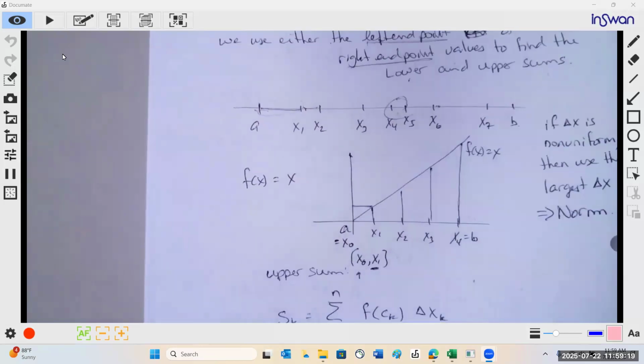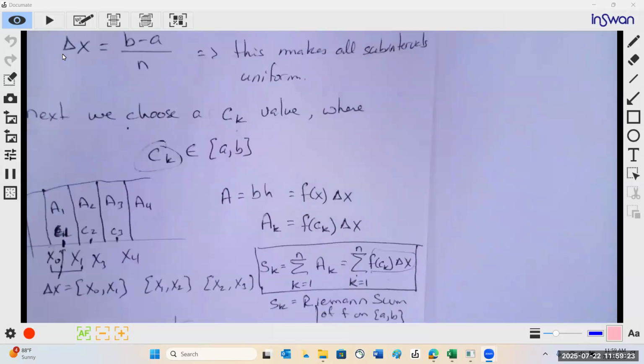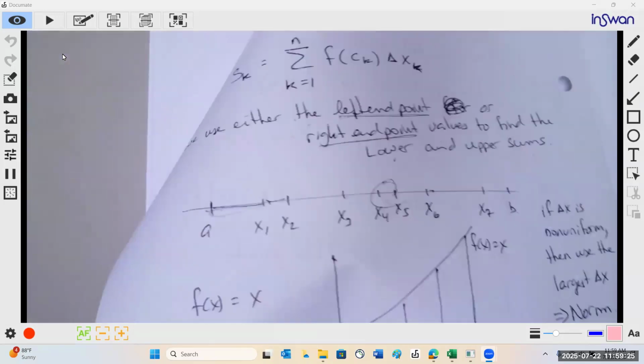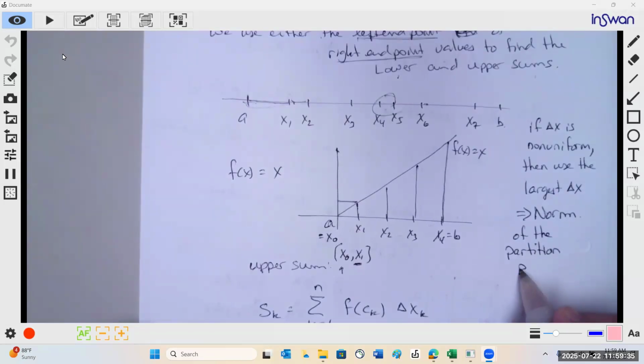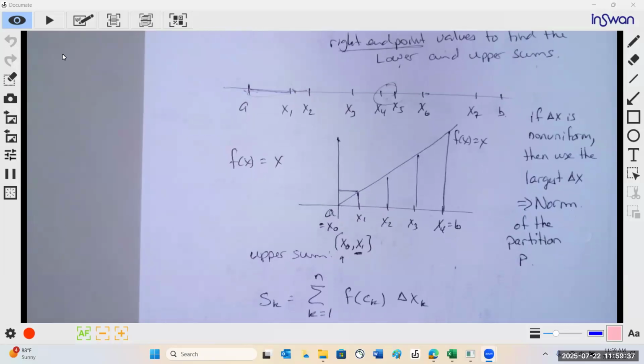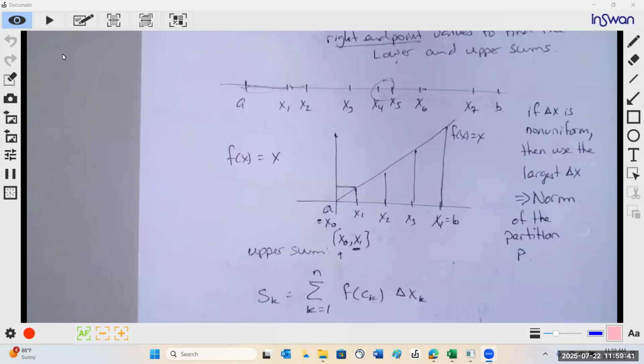Oh yeah, I forgot to say. Yeah, you did. So it's the norm of the partition P. So the norm of the partition P. What is a partition?